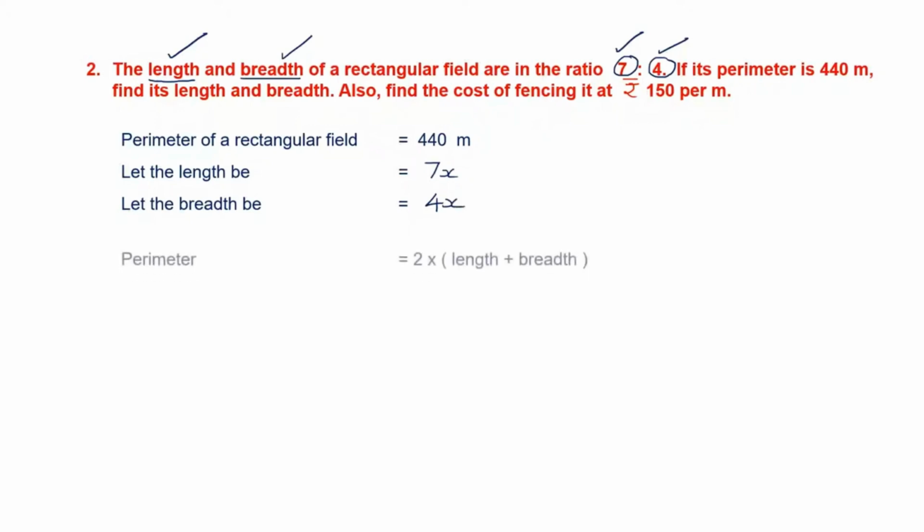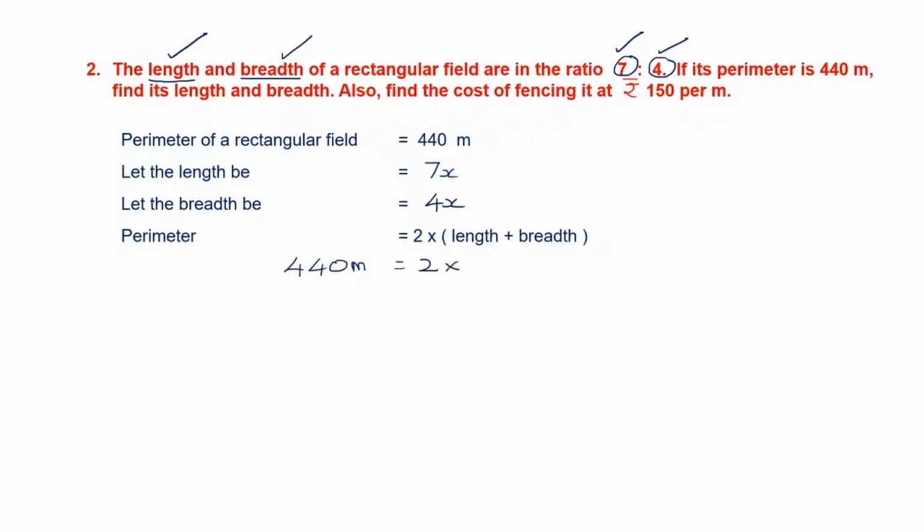So we can use the formula perimeter equals 2 into length plus breadth. And perimeter we know is 440 meters. Now this is equal to 2 into, what is the length? Let's substitute the values now. Length is 7x and breadth is 4x. So 440 meters is equal to 2 into 7 plus 4 is 11, 11x.